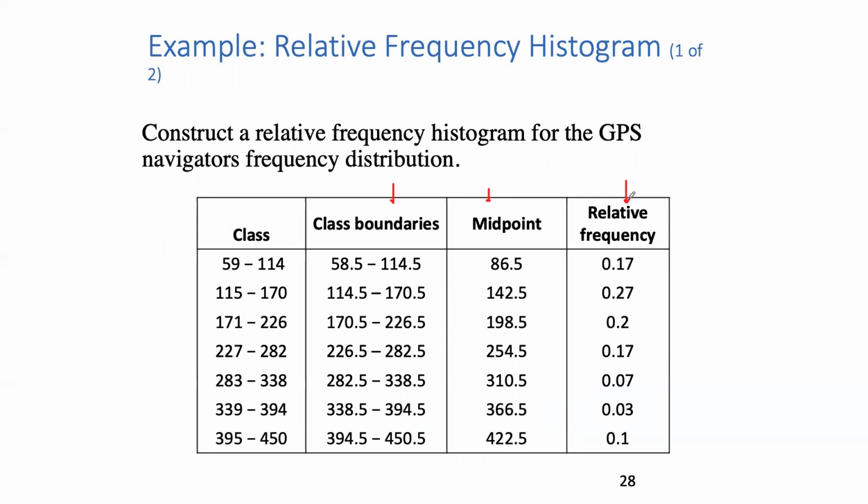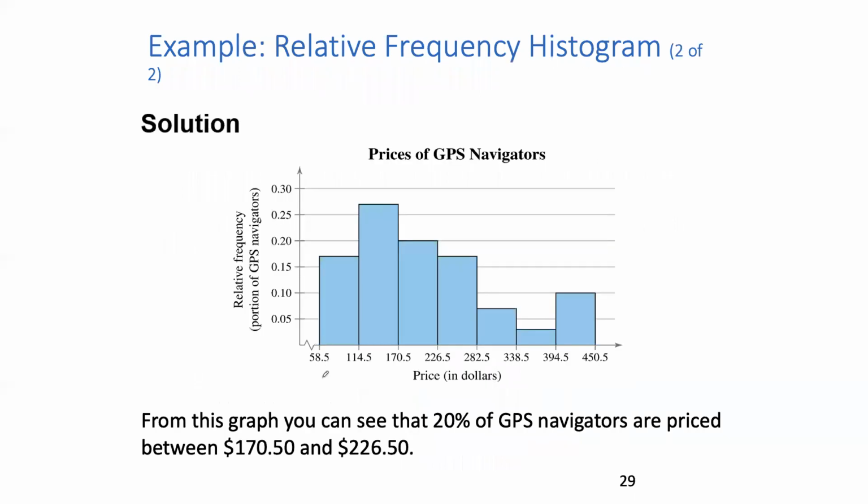So the height of each of these bars is going to be equal to the relative frequency of that class. Here I have one of those. Again, these are labeled with class boundaries. The first class has boundaries between 58.5 and 114.5, and the height of this first class is now 0.17.